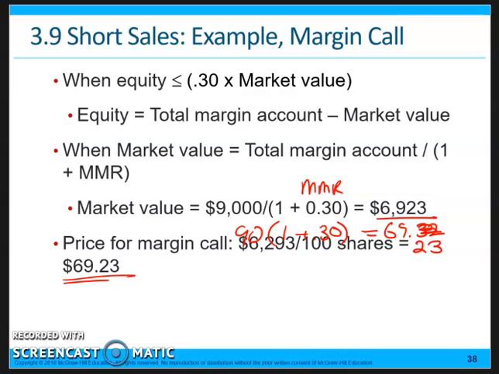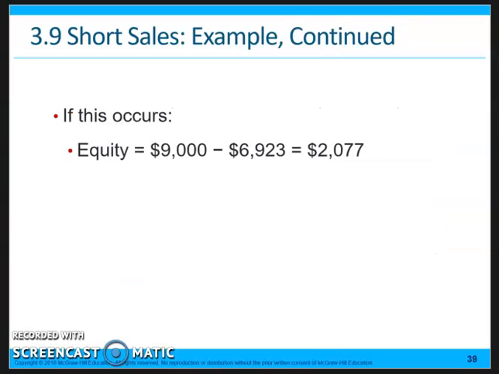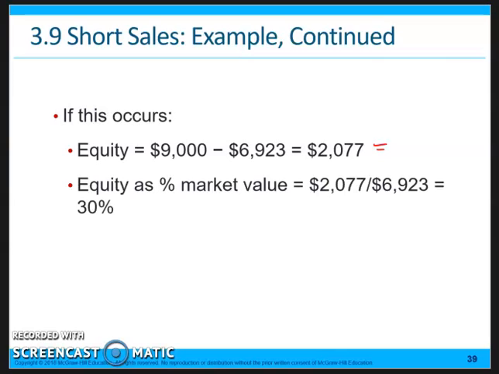If this occurs, your equity is 9,000 minus $6,923, or $2,077. So that's 30%. You're right at it.